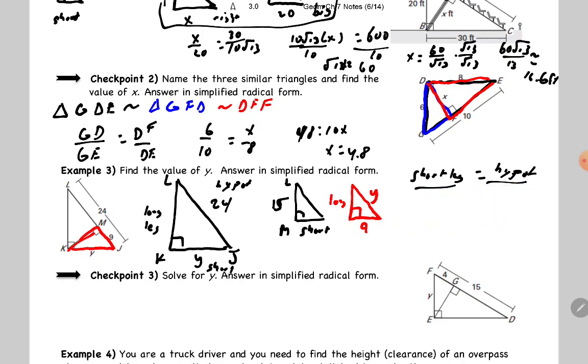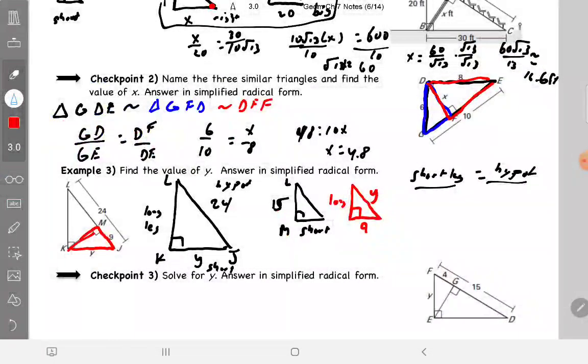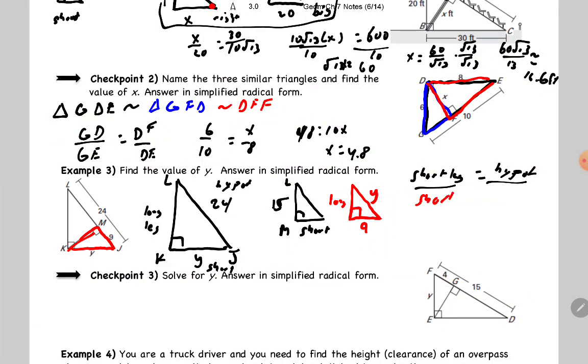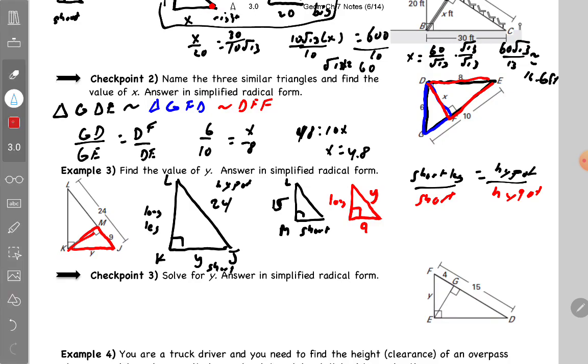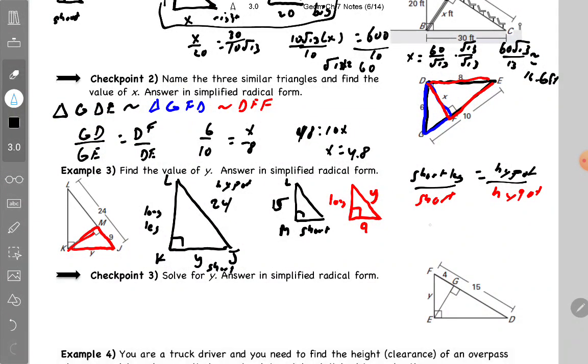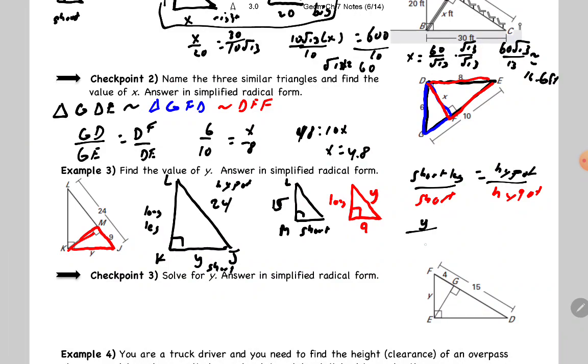And using colors, short leg of the big triangle, short leg of the red triangle equals hypotenuse of the big triangle over hypotenuse of the red triangle. So short leg of the big is y, over short leg of the red, which is 9, equals hypotenuse of the big, which is 24, over y.